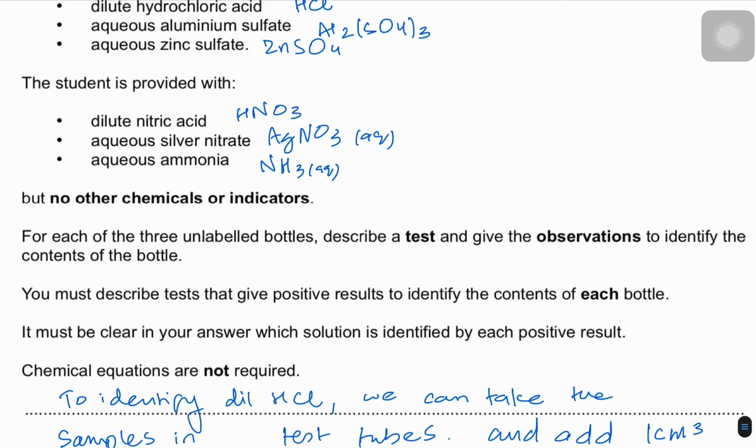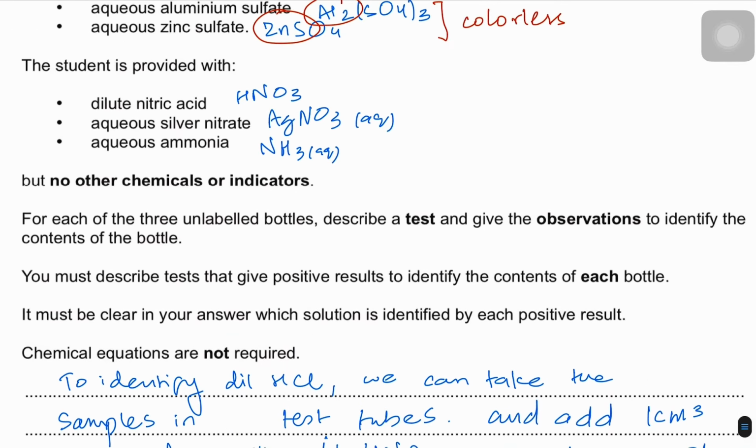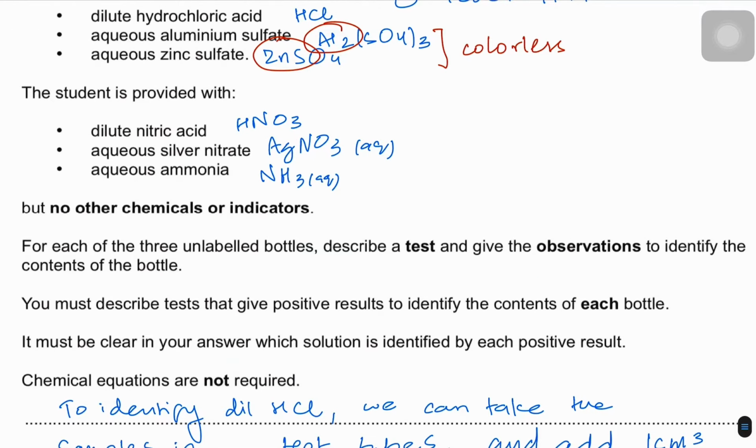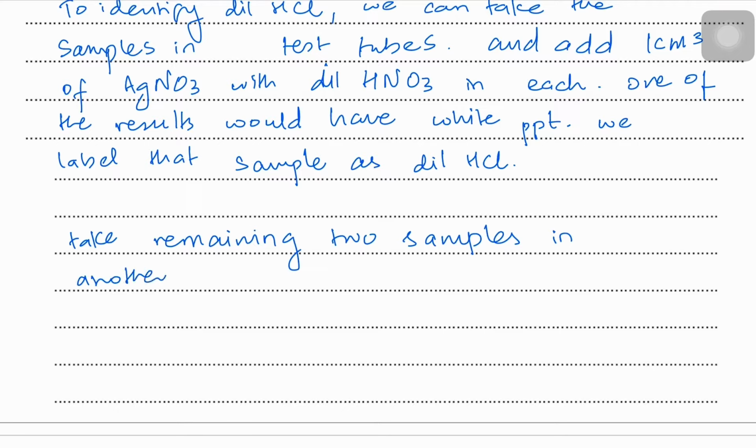Aqueous aluminium sulfate and aqueous zinc sulfate are both colorless. But we know that they have different cations in them. And aqueous ammonia can help us identify them, because ammonia makes soluble precipitates with zinc but insoluble precipitates with aluminium. So what we can do is take the remaining two samples in another test tubes.